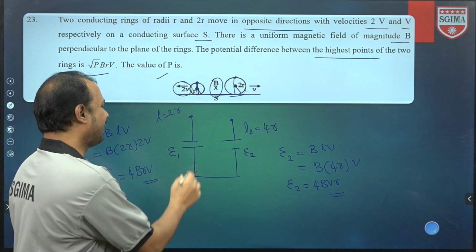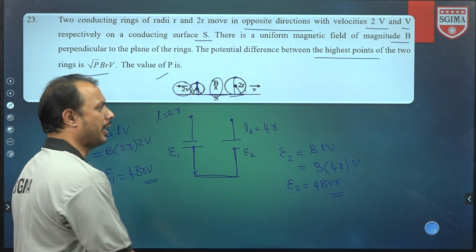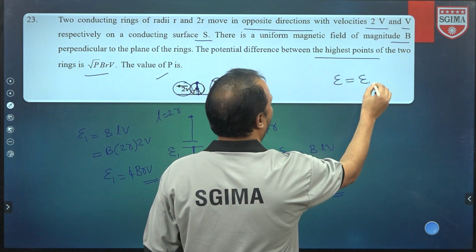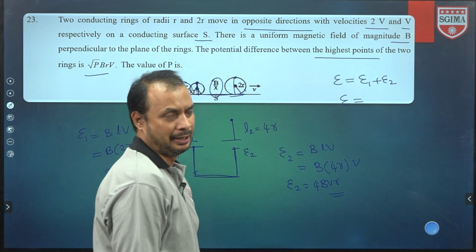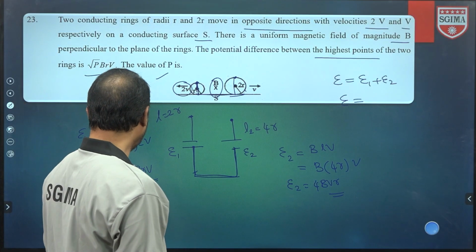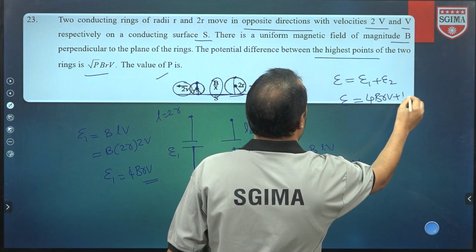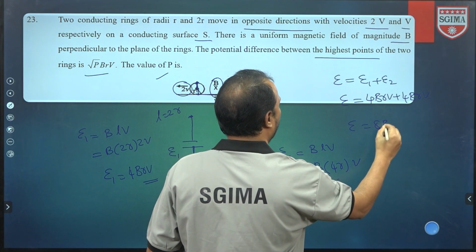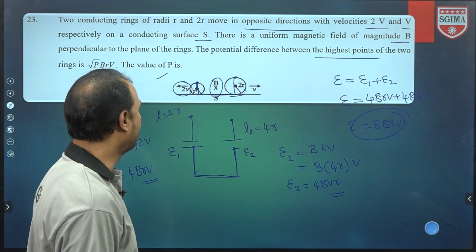But these two cells are connected with unlike polarities in series combination. In the series combination, effective EMF is E1 plus E2 when unlike polarities are added. We are doing the same thing, E1 plus E2, which is 4BVr plus 4BrV, which is 8BrV, the total EMF between the two highest points.